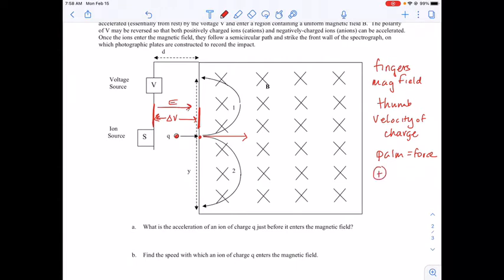So for a positively charged object, I would use my right hand, and when I set it up, I can see that my palm is going to exert a force this way. And what's cool about this is this force points toward the center of the arc.